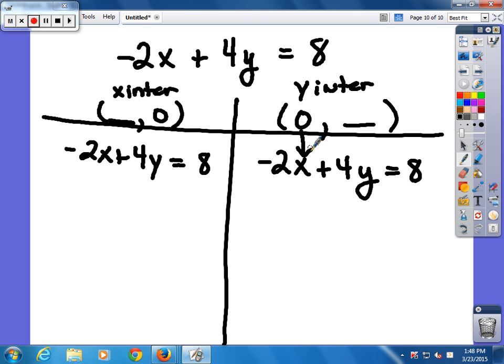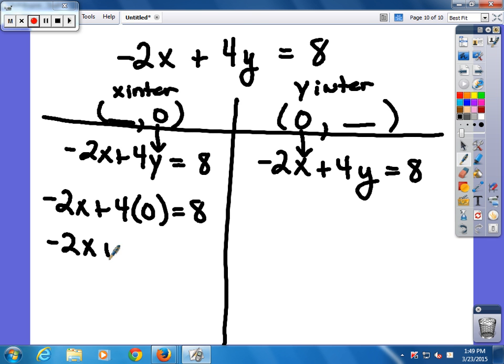Now, let's say you don't want to eyeball it like I did. You have to actually plug and chug it. Negative 2x plus 4 times 0 is equal to 8. And negative 2x plus 0 is equal to 8. And negative 2x plus 0 is negative 2x. And x is equal to what? Negative 4.